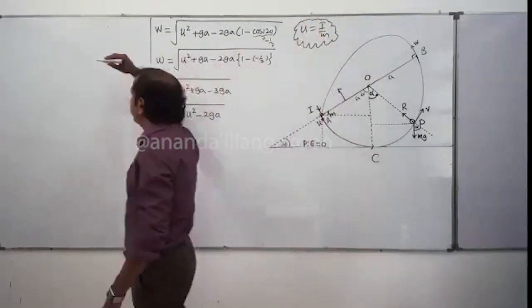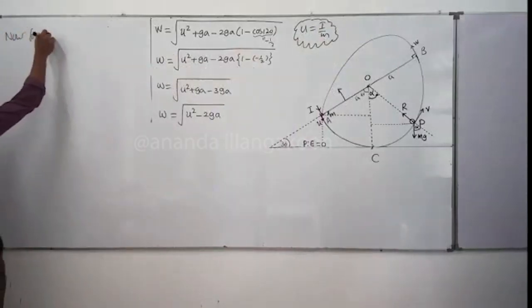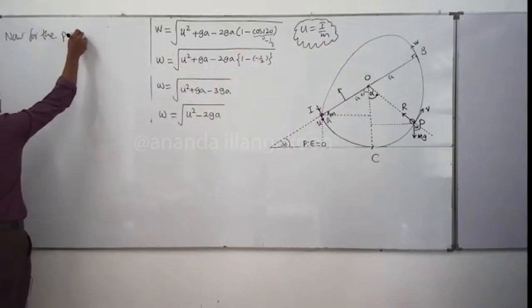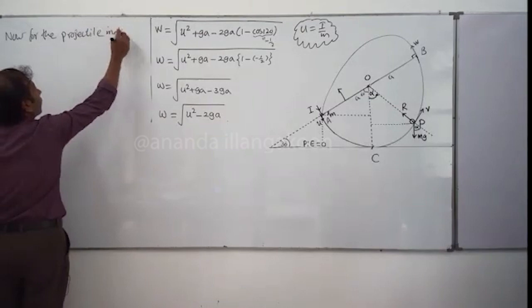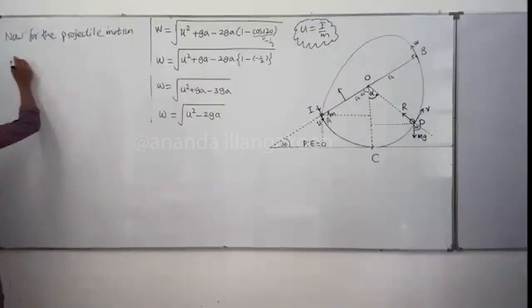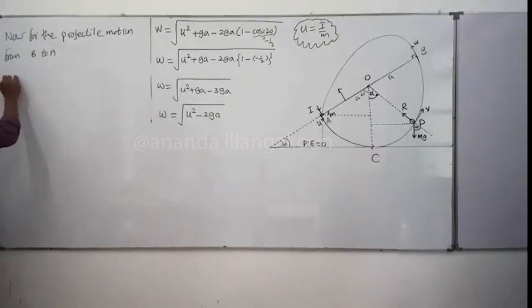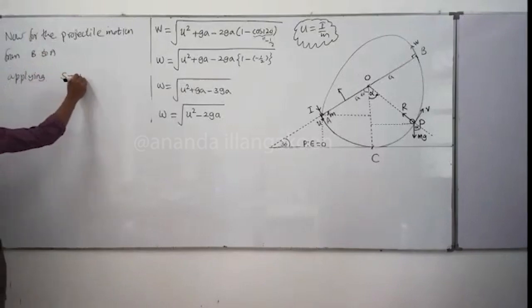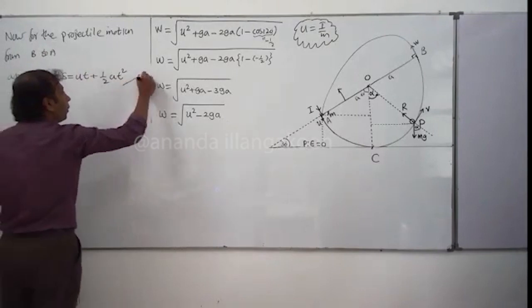Right. Now, for the projectile motion from B to A, applying s equals ut plus half at squared.